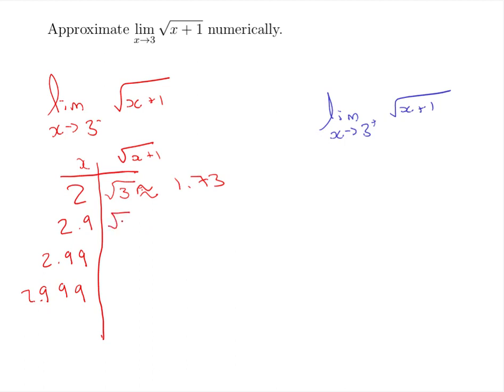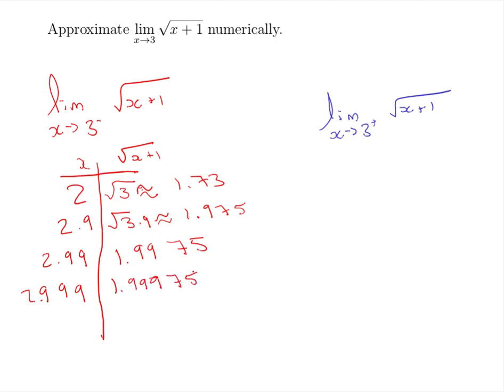And then we've got the square root of 3.9, which is approximately 1.975. And if we keep plugging in these values, 2.99 now, we're going to get 1.9975. And then if we put in 2.999, we're going to get 1.99975. One more 9. There we go.